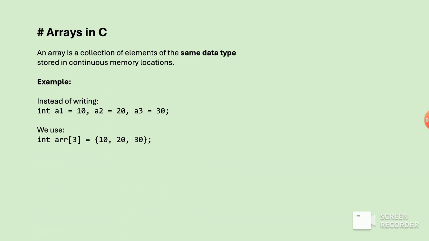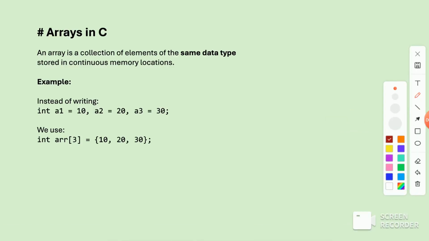So what is an array? An array is a collection of elements of the same data type stored in a continuous memory location. This is an example of an array. If you want to store 100 values, manually we cannot write integer a, integer b, c, d like that.